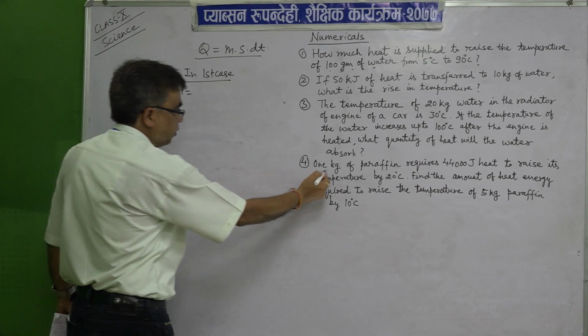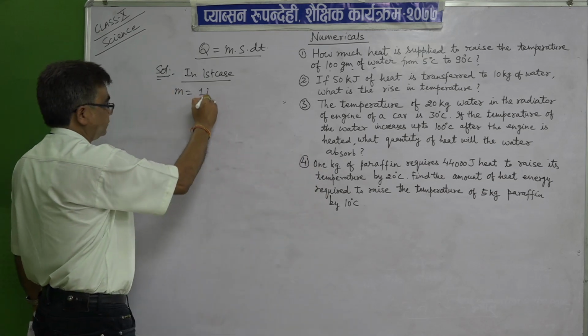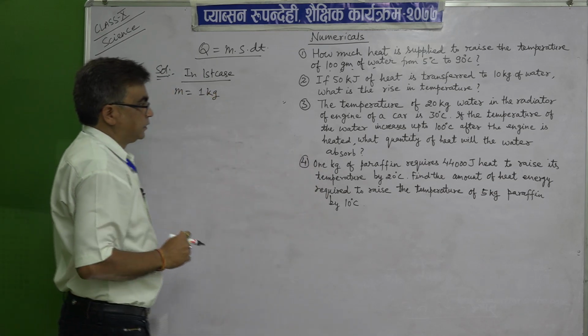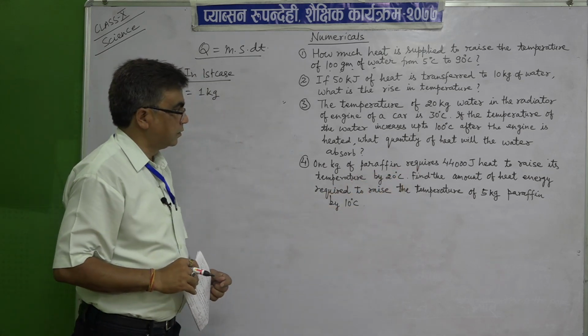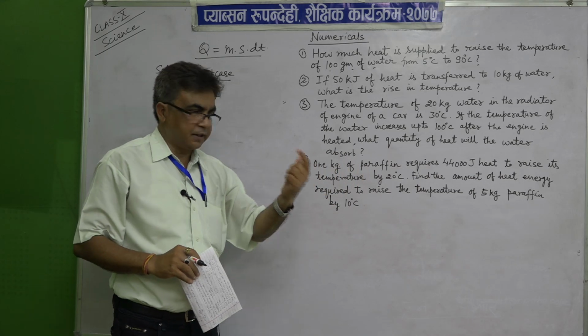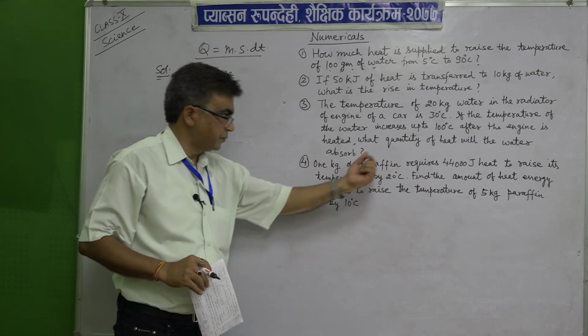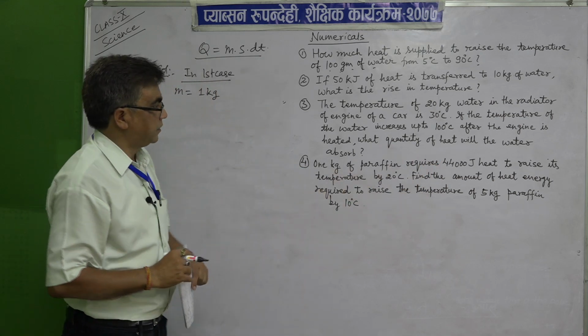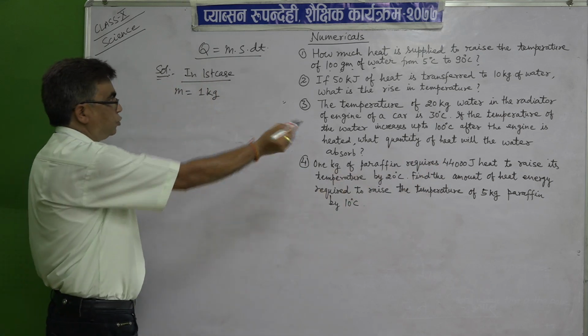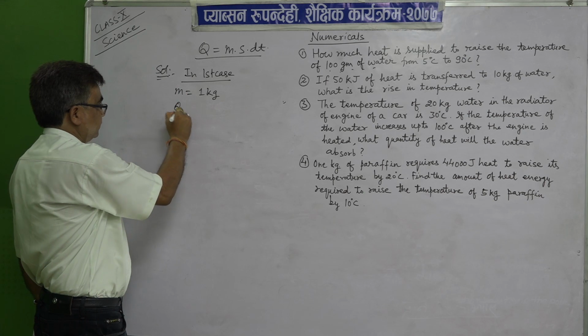How much? 1 kg. Requires, this is not water, do not get confused, paraffin, okay, requires 44,000 joules heat. So, Q is given.